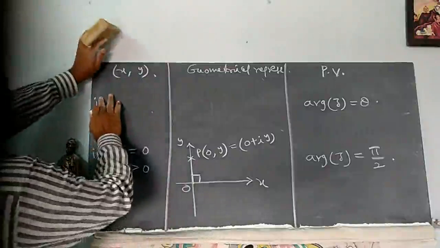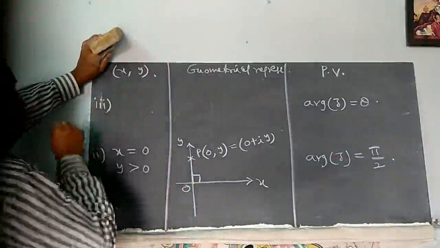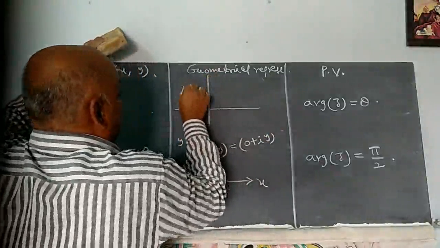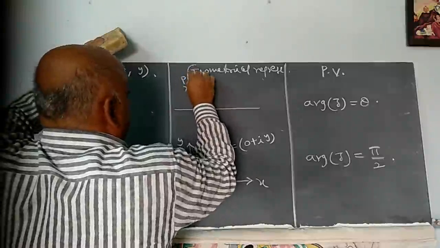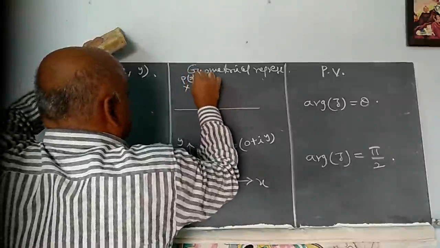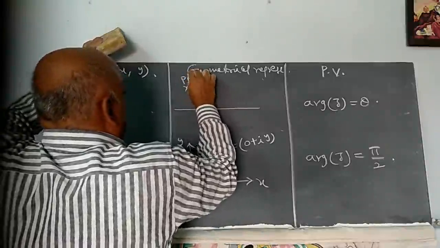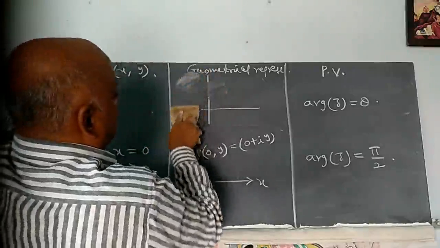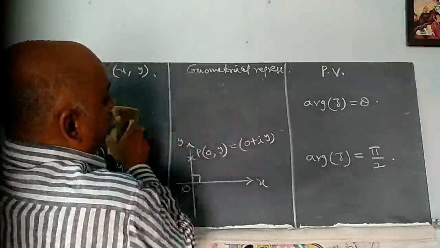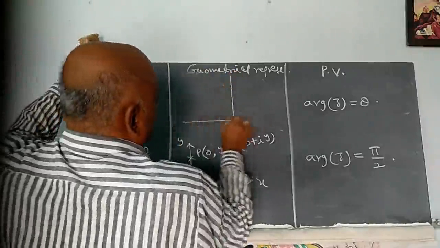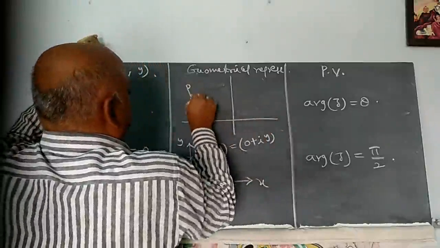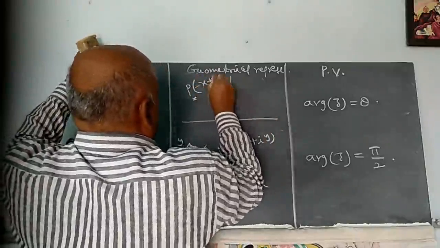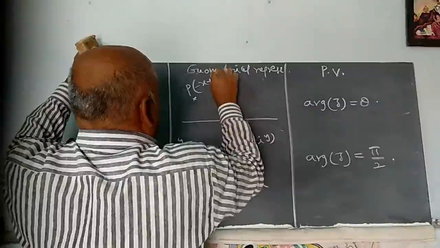Next, third one. If P is in the second quadrant, P is minus x plus iy.